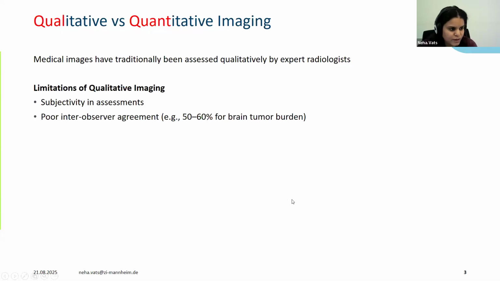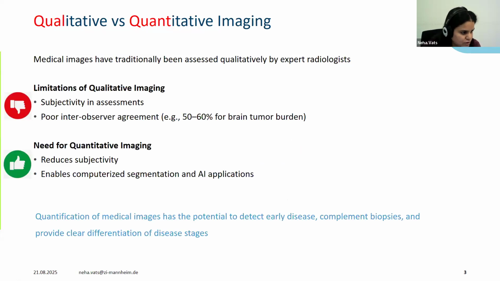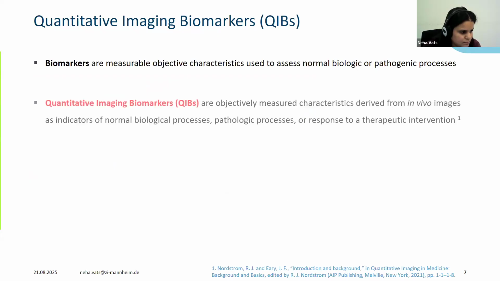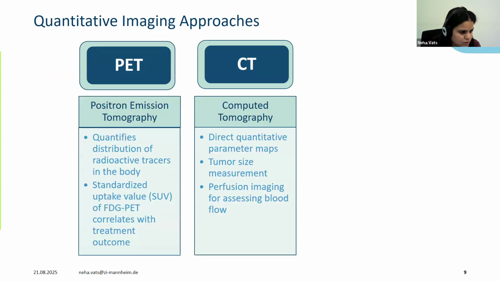So for example, when you look at a qualitative CT or MRI, a radiologist only has to look at the image. By looking at the image, the radiologist says that the tissue looks denser, or tissue looks different, that's how it used to happen traditionally.